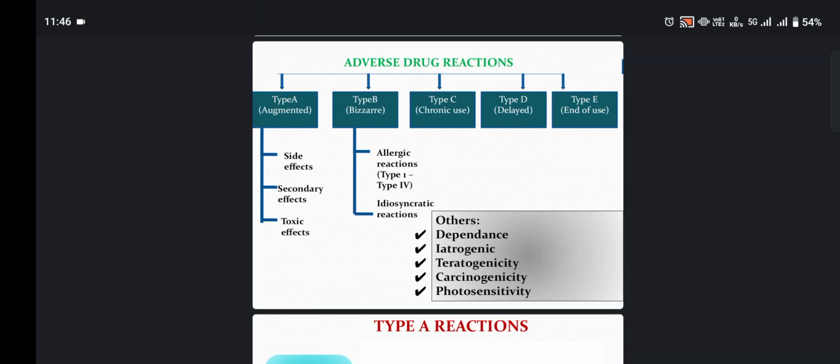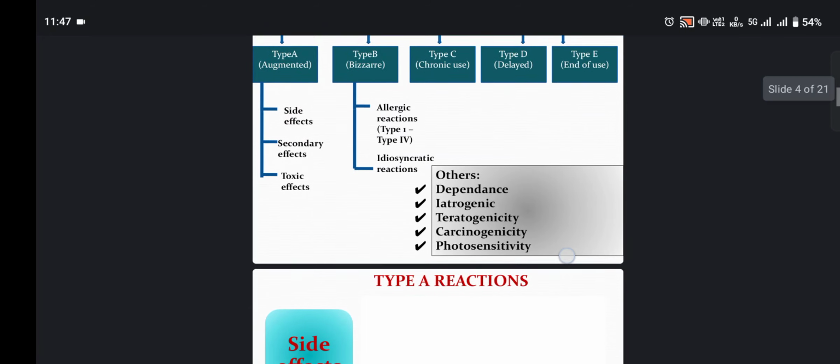So these are the five types: type A, type B, type C, type D, and type E. Other types of ADRs also exist, such as dependency, iatrogenic, teratogenicity, carcinogenicity, photosensitivity, and those kinds of reactions.